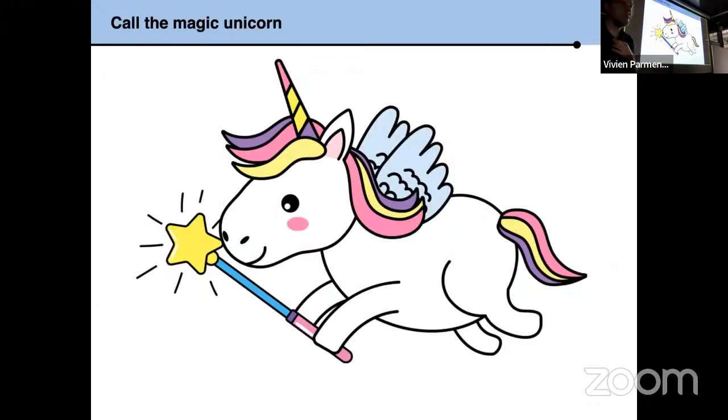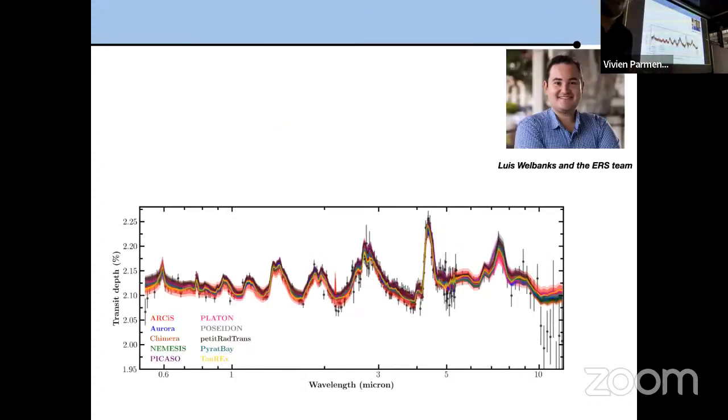Okay, what do we do when we have a spectrum? Well, I personally call it the magic unicorn, because it's always my best friend. The magic unicorn is Luis Welbanks at ASU, and it allows you to fit the spectrum, and you get a beautiful fit. Okay?